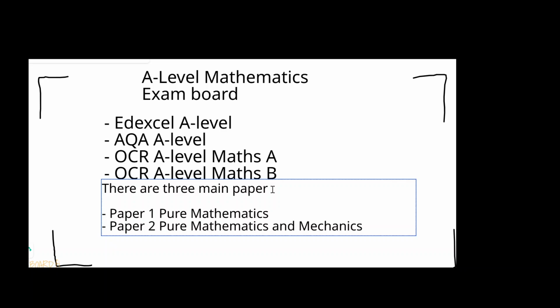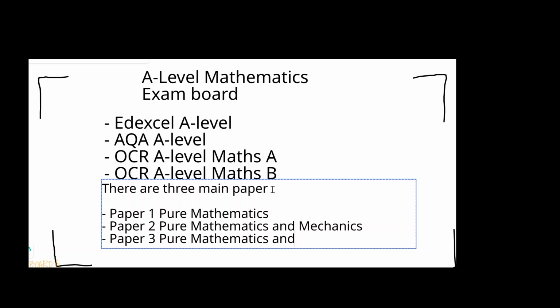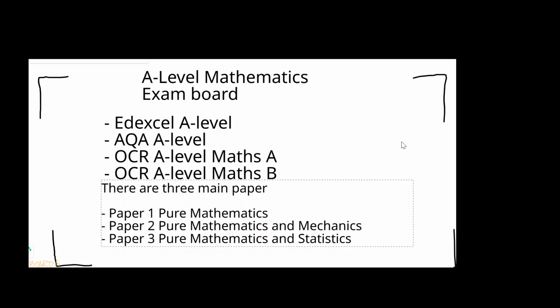That means that the questions you will be asked, some will be on pure mathematics and some will be on mechanics. And then paper three, that's also pure mathematics, and some questions will also be on statistics. So that's it then for what the papers will be like. And each paper is normally out of 100 marks, and it goes on for 2 hours to answer your questions for each paper as well.